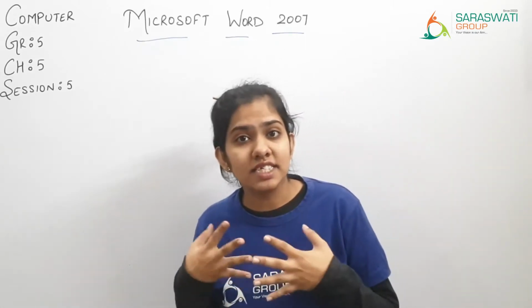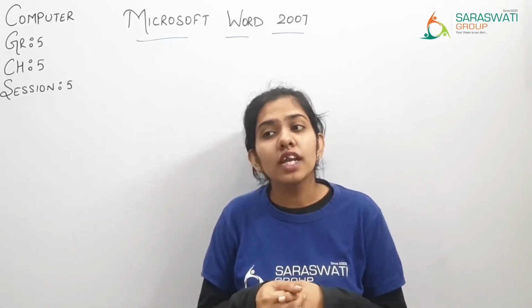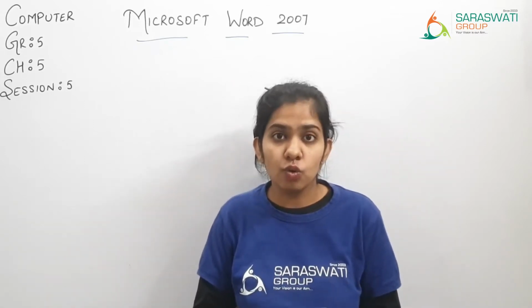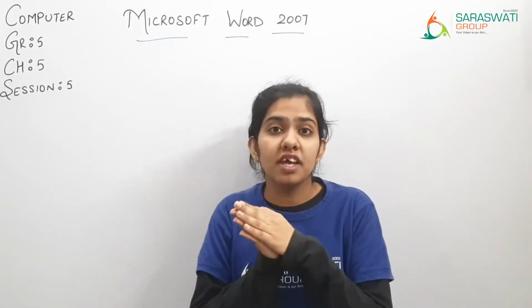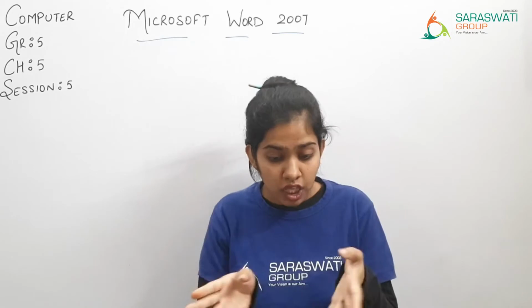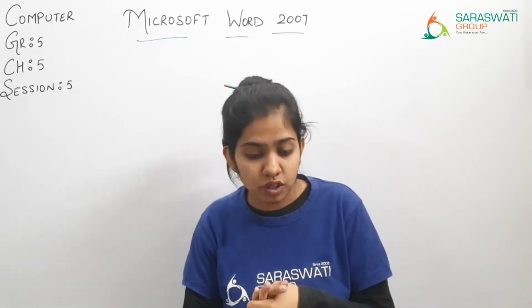After typing your text and everything in that, you can make any kind of changes you want to. So which kind of changes to make it look attractive we can do in that? So the features of that are also given.